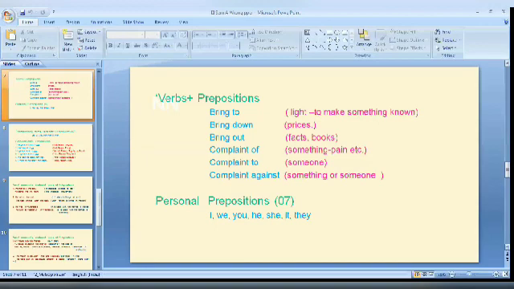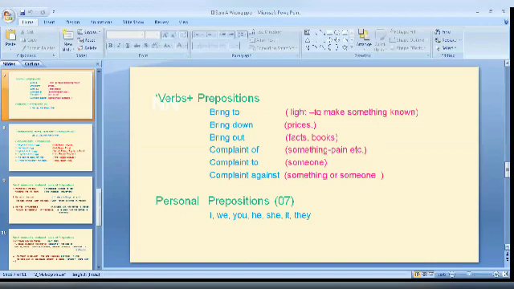I complain to the principal, in that way. And complaint against can be used with something or someone. We can complain against the water issue, and we can complain against the new instructor. So we can use this verb and preposition combination, complaint against, with something or a person.